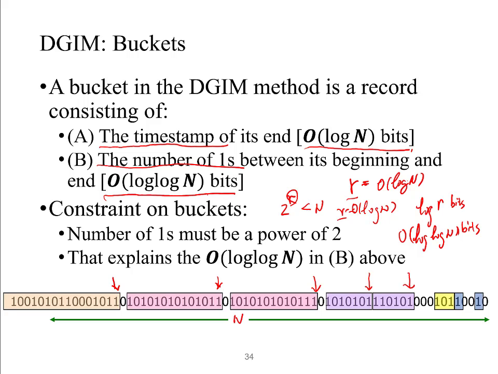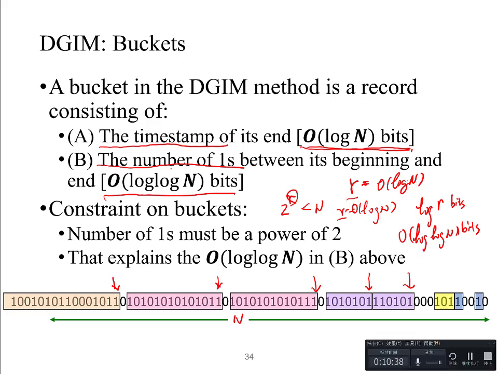So for each bucket or each block, we need log n bits to store its time step, and log n bits to store the number of ones in that bucket. So this is how we store or represent a bucket with very few bits.